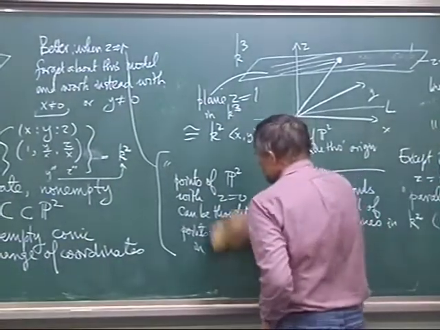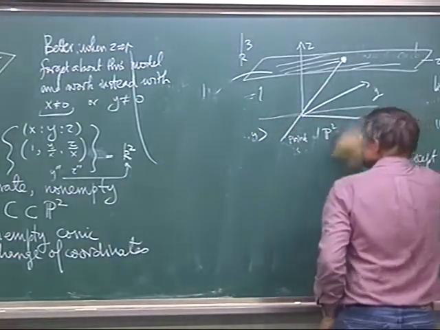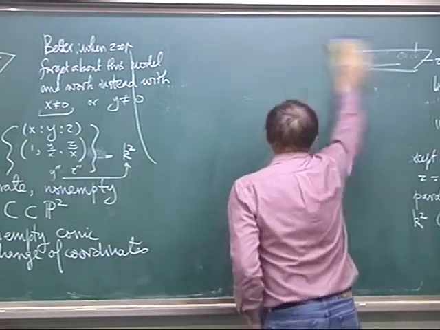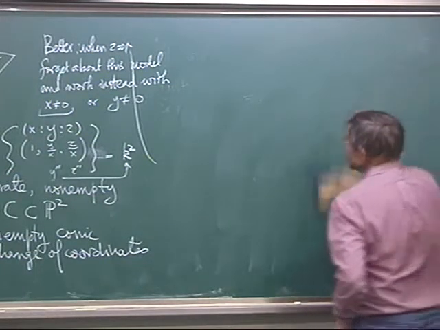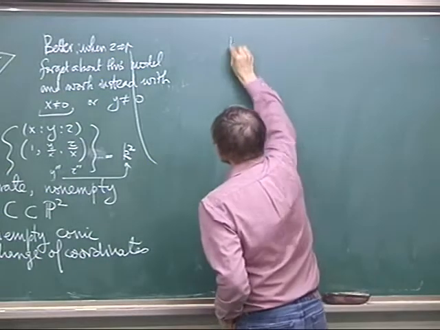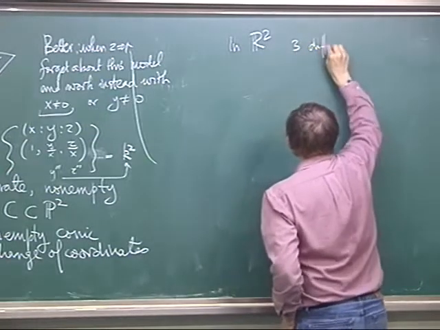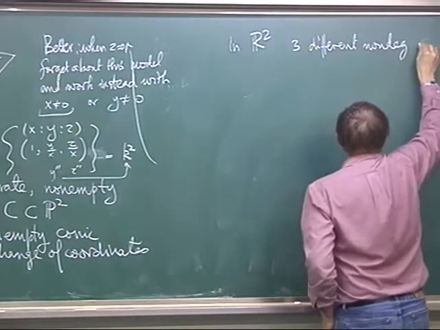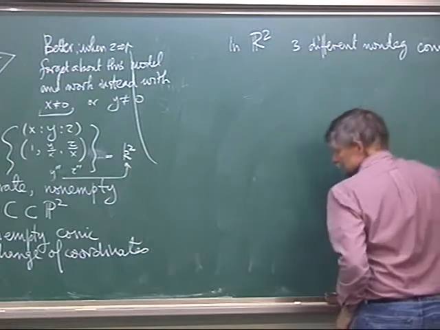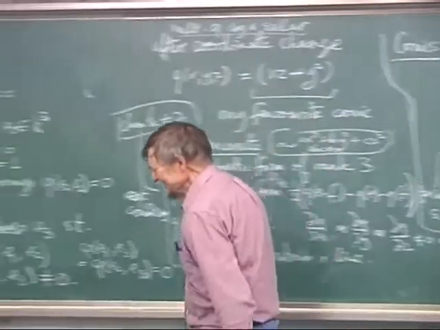And so in R2, I have three different non-degenerate conics. If you count the Euclidean metric and so on, there's also this notion of eccentricity.